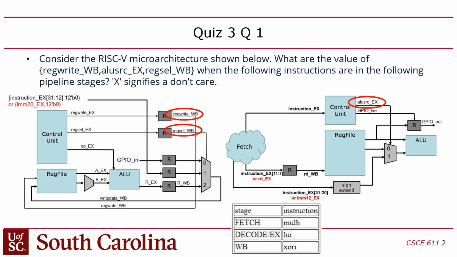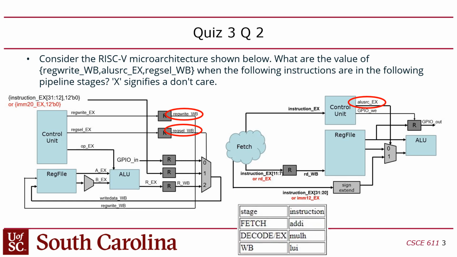So then you could subsequently ignore the ALU's inputs, right? So for an LUI, this mux is going to be set to 1, right? Now, I didn't ask that here. Because if I had asked what reg select EX was, the answer would be 1, but I didn't ask for that one. I asked for the write back version. So yeah, it's a don't care. I get that right?